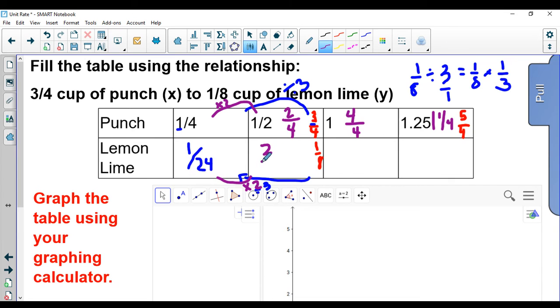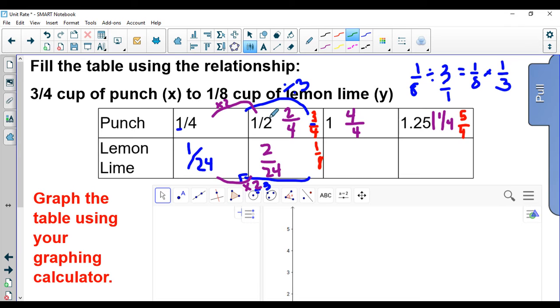And 1 times 24 is 24. Now, I know in my head that I can simplify this to 1/12 because there are 12 2's in 24, but to keep things with common denominators, I'm going to leave it just like it is. And now I'm going to move on.